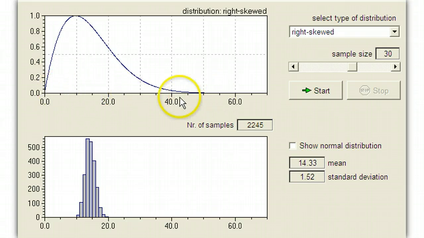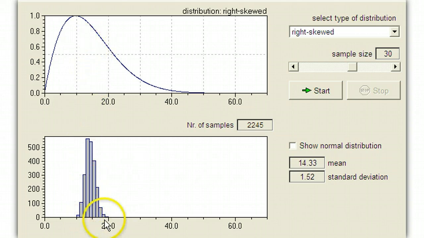Up here we can't really see what the mean is. If we remember our properties of right skewed data, here's the mode, that's the peak. Because it's right skewed, the mean is a little bit to the right of the mode, but we still don't have a great idea where it is.